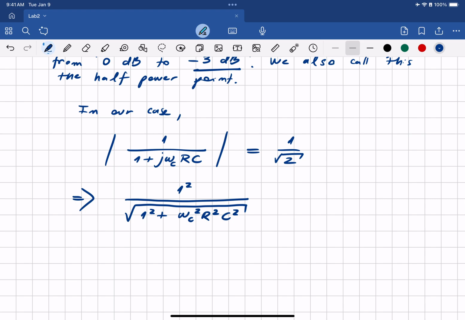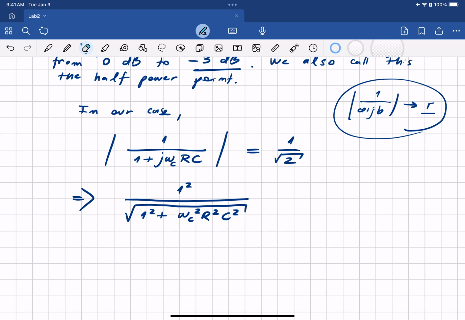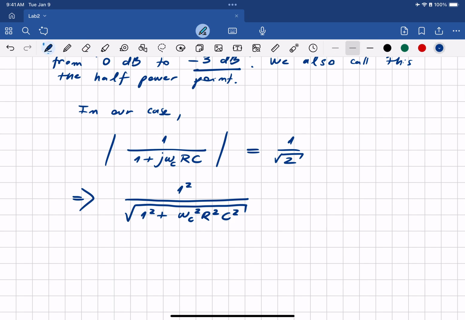Basically we have 1 over, let's call it a plus jb, and we want to transform this into magnitude. What is the magnitude of this phasor? If you do this operation, you're going to get to this definition equals 1 over square root of 2.